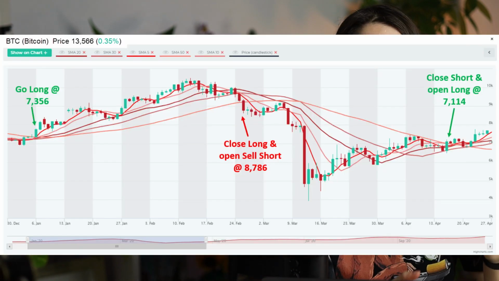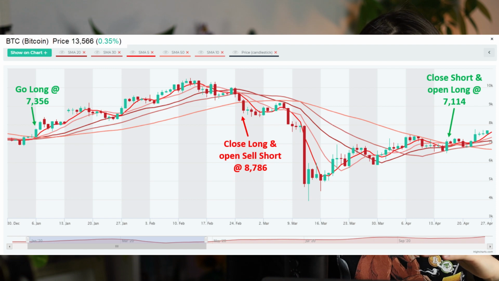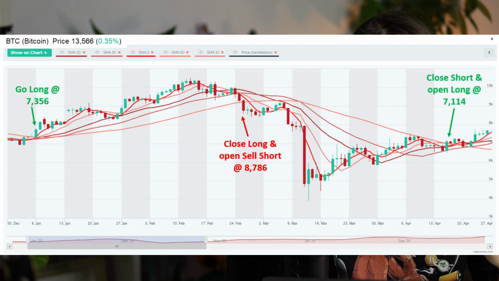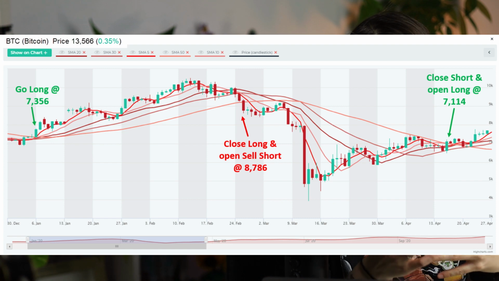Moving averages are used to smooth out price fluctuations and identify trends. They are calculated by averaging the price of an asset over a certain period of time. Traders often use a combination of short-term and long-term moving averages to identify potential entry and exit points.